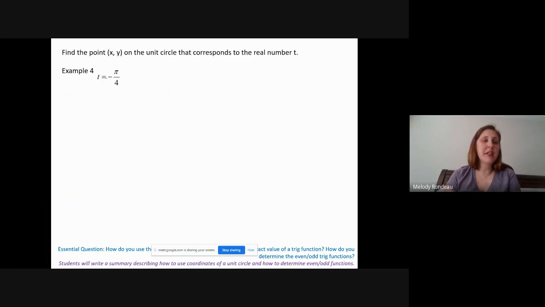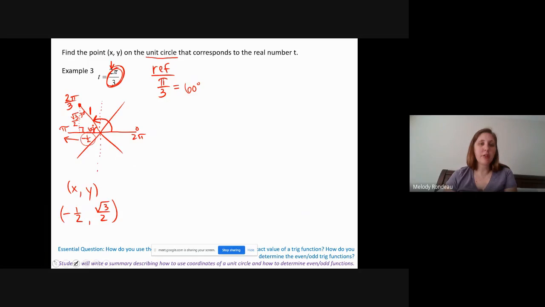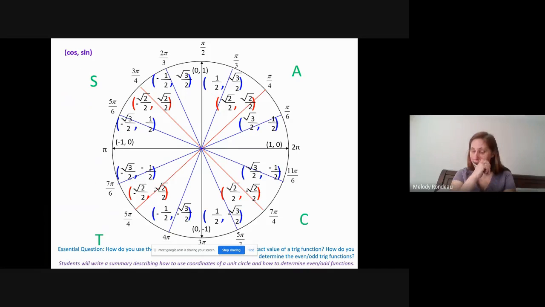We're going to look at t equals negative π/4. This one, I'm going to show on the unit circle. We want to go negative π/4. If I look at my measurements here, none of these say negative π/4. So if you recall, negative angles mean we start at 0 or 2π and we go backwards. So if I go back one π/4 angle, that takes me to 7π/4. Any questions there before I go on?